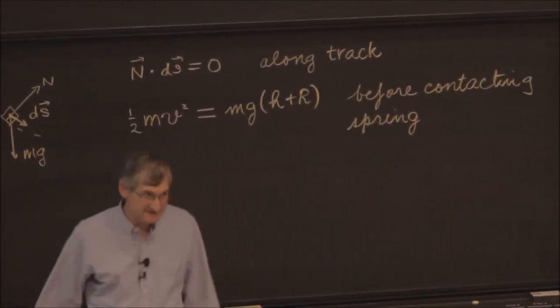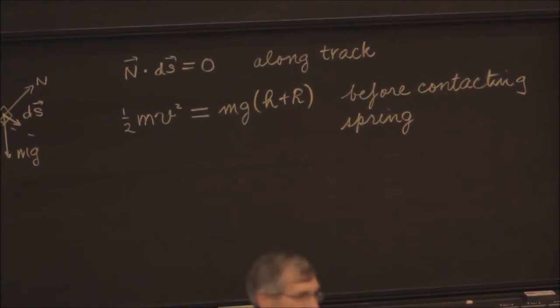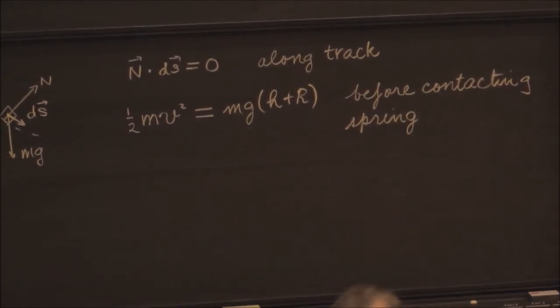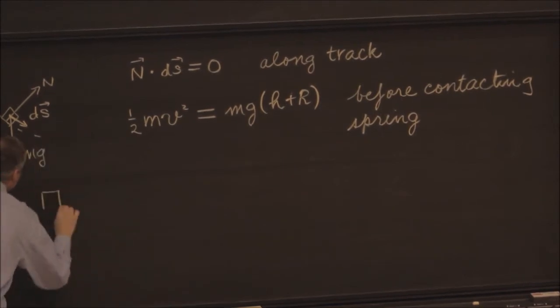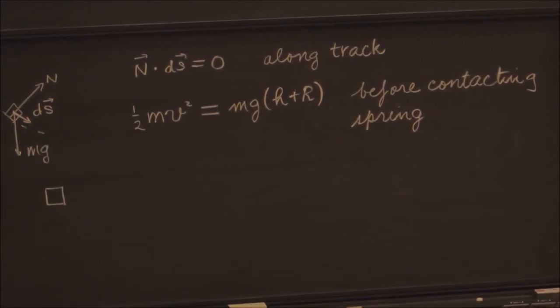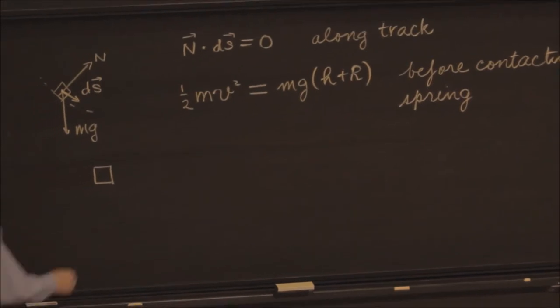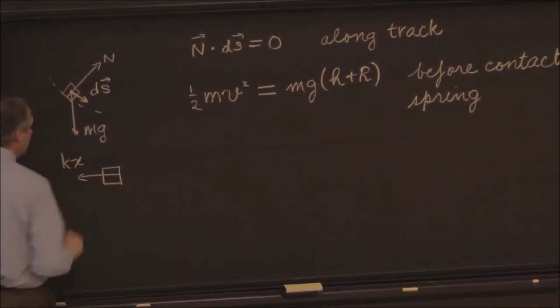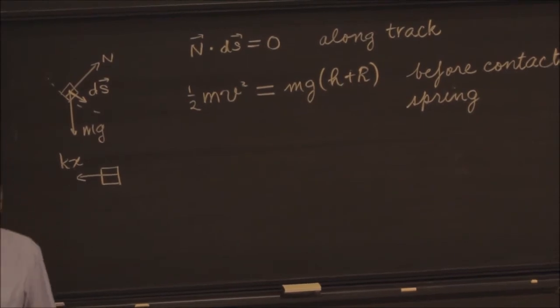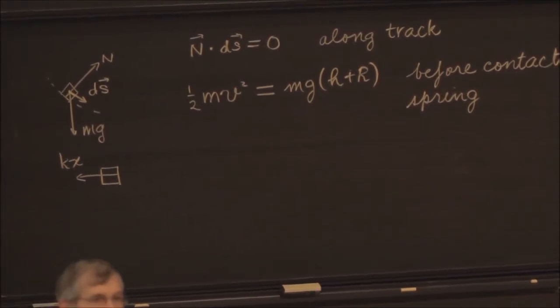Now it contacts the spring, and it gets a new force on it, and that force is going to be applied this way. And it's going to be kx if I measure x from where?